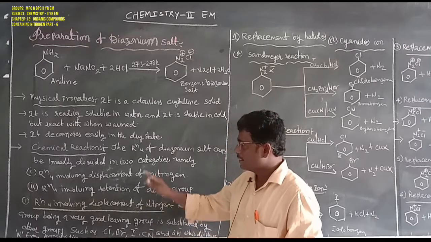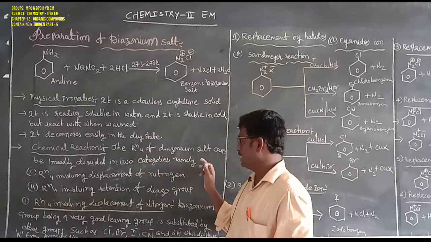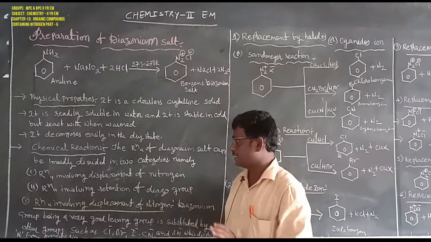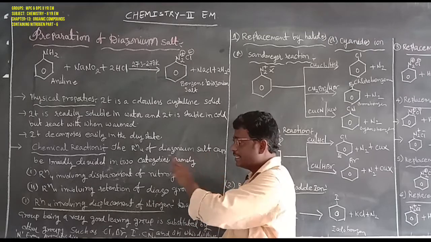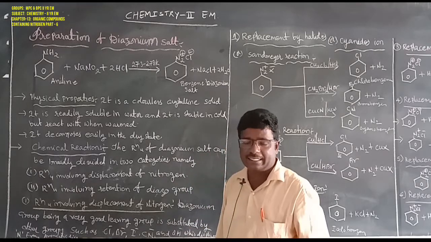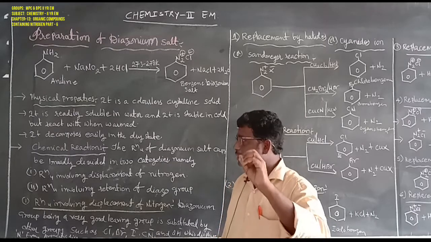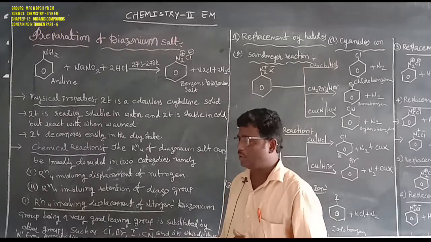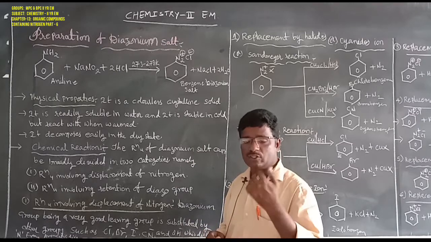Next, the chemical reactions. The reactions of the benzene diazonium salt can be broadly divided into two categories. These are the chemical reactions or chemical properties of benzene diazonium chloride, also called the diazonium salt.